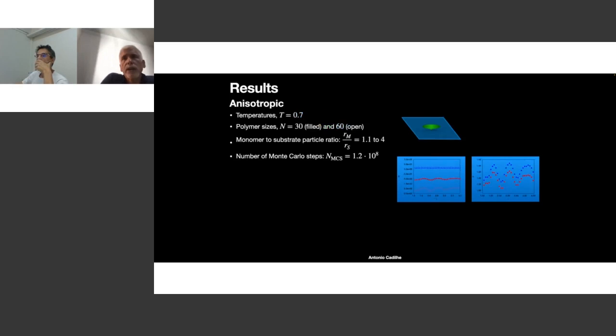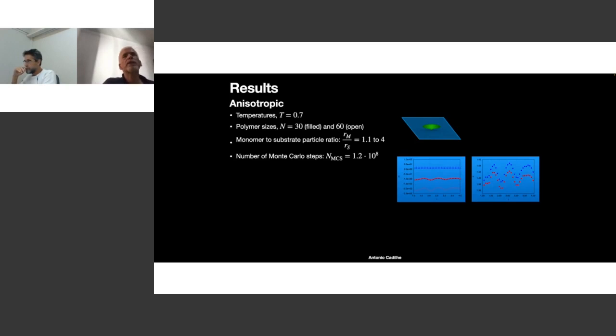What was very nice to observe is that as I now look at the energy for the anisotropic case, varying the size, now there are these oscillations in the energy, and they are related also with changes in terms of the height of the polymer relatively to the substrate. And this also affected the diffusion coefficient.